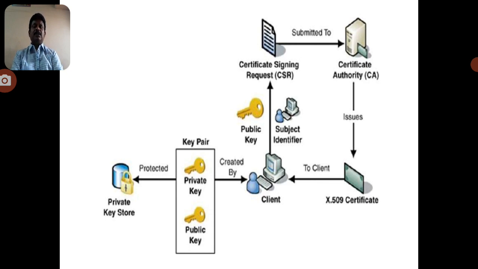Once the certificate registration is confirmed, the registration should be completed with the help of the public key only, because the public key can be distributed anywhere. So the client can send the public key in that request, which is a certificate signing request. That request can be submitted to the certificate authority.